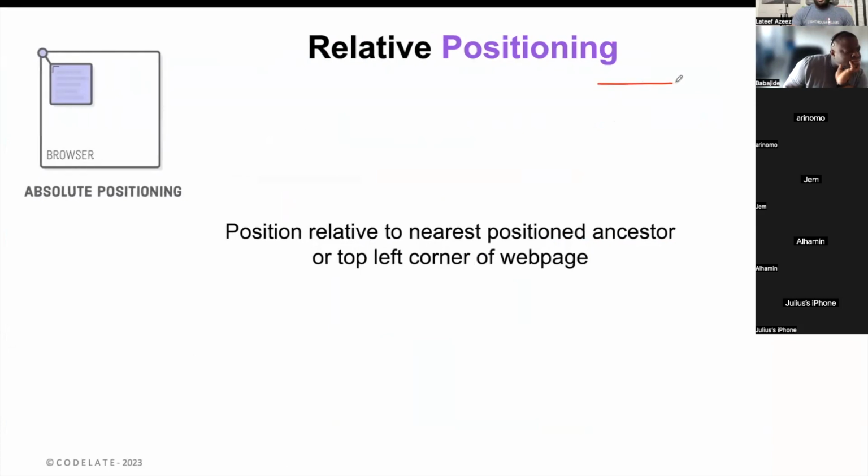Let's say you have a div like this, and you now have another div inside of that one. This is the parent div, I believe you all will agree with me. And this is the child div. So the parent is enclosing the child div.